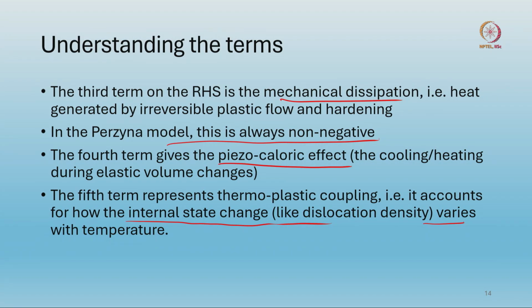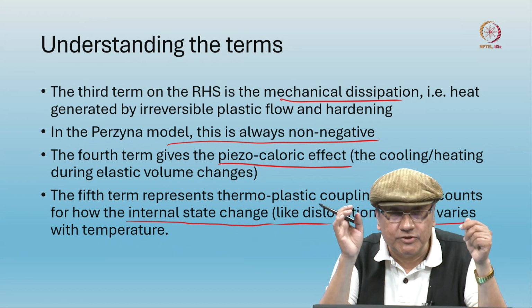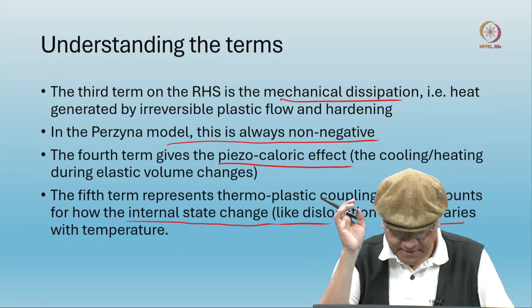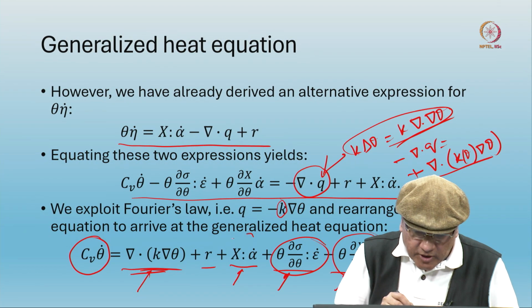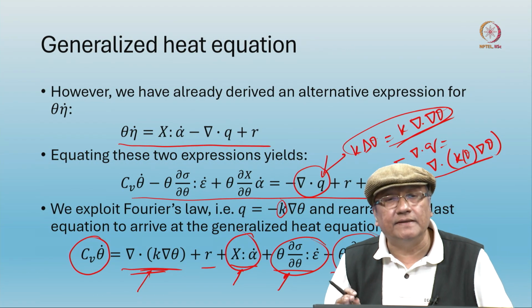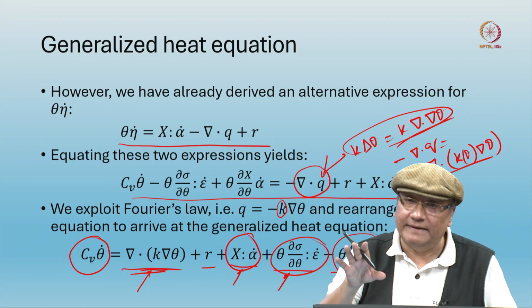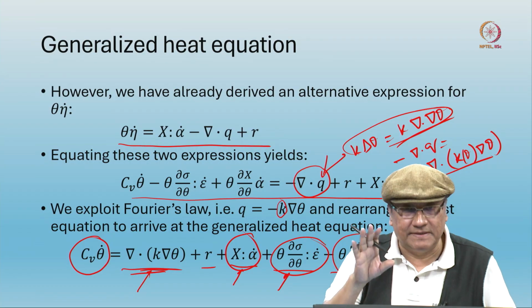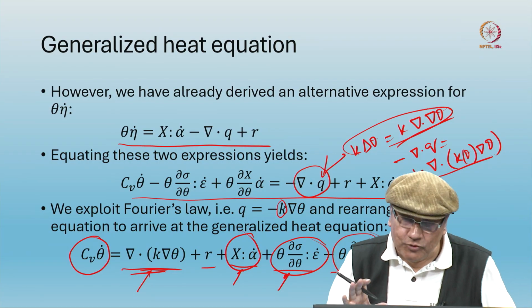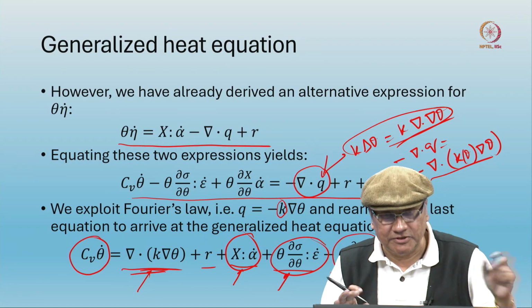So, now let us understand. In a grocer's shop language, it is something like this: I have this much energy, the plastic work done. That is all that I can spend to generate heat, in whatever form, to make things happen in the microstructure.